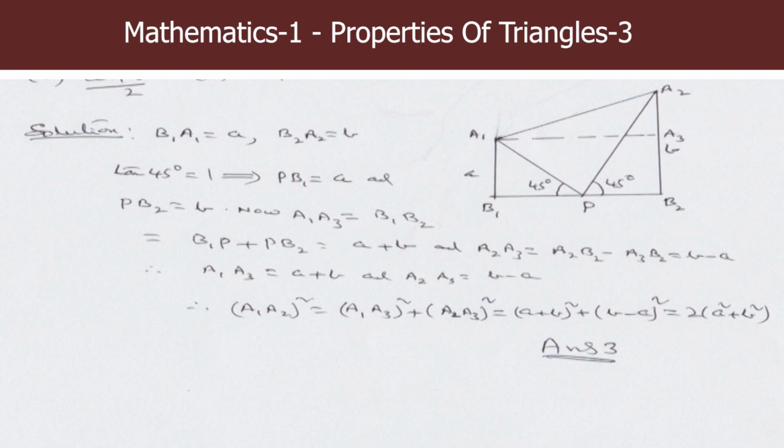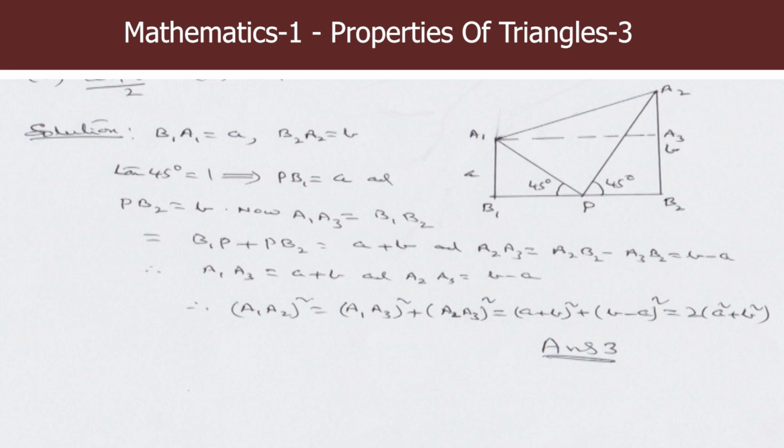So in the diagram, B1A1 is one pole and B2A2 is another pole. We have taken B1A1 equal to small a, B2A2 equal to small b. Now use tan 45. Tan 45 is equal to 1 implies PB1 is equal to small a.